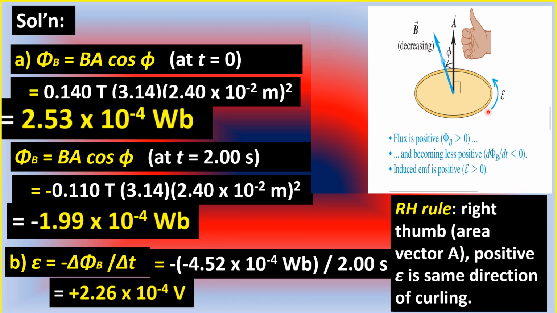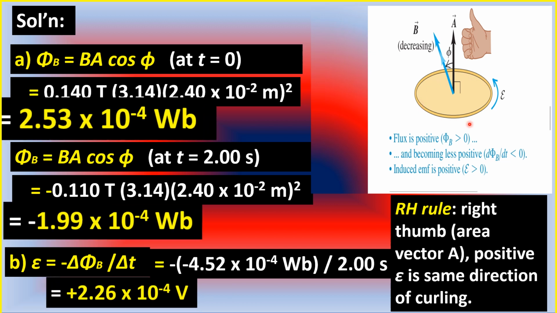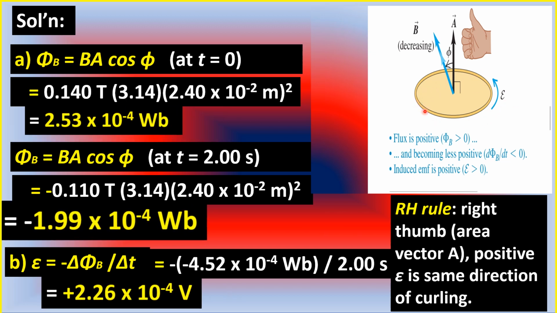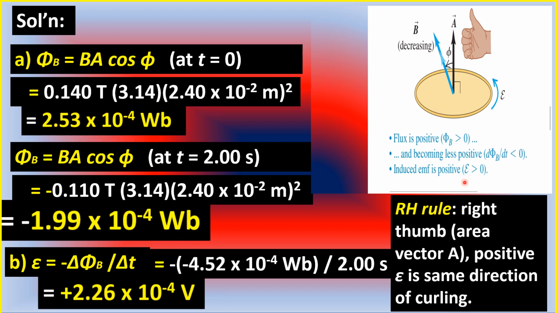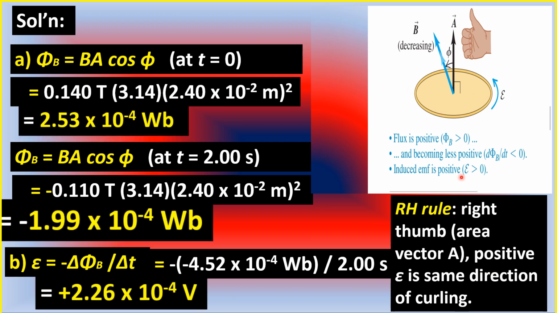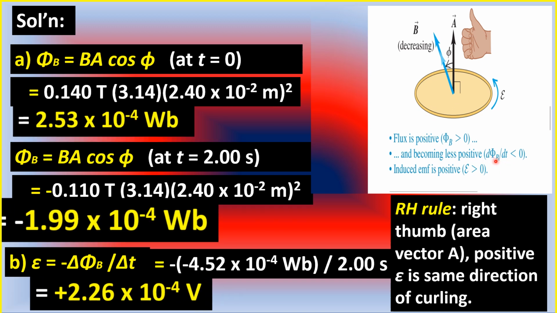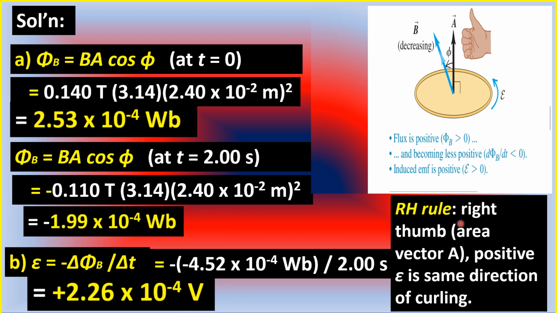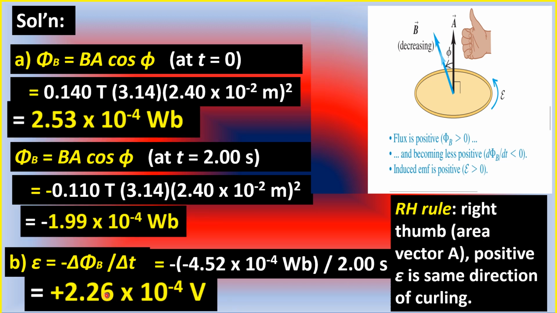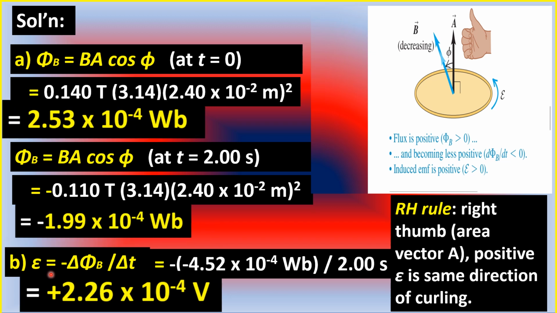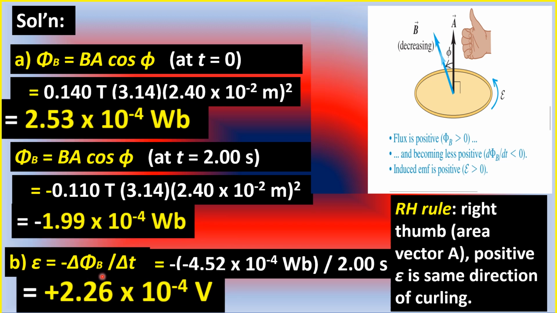And in this case, it is directed counterclockwise along the circular coil. So this description of the direction of the induced EMF using the right-hand rule agrees with our computation using Faraday's and Lenz's laws.